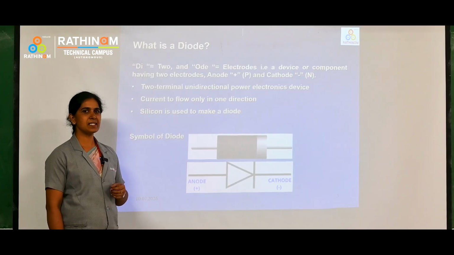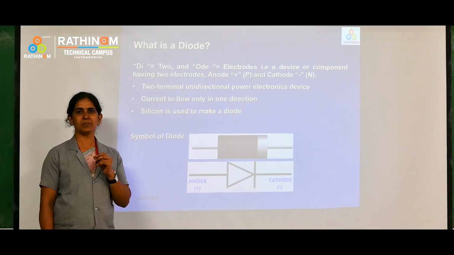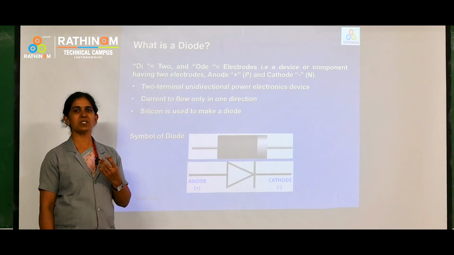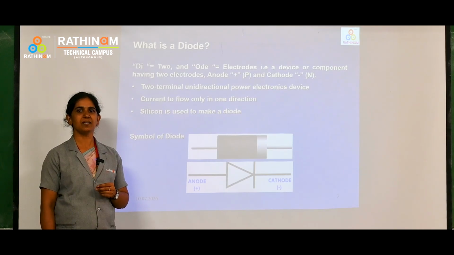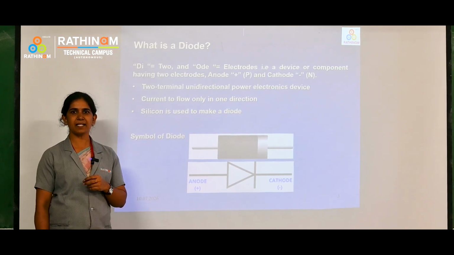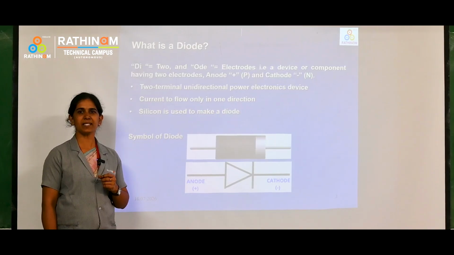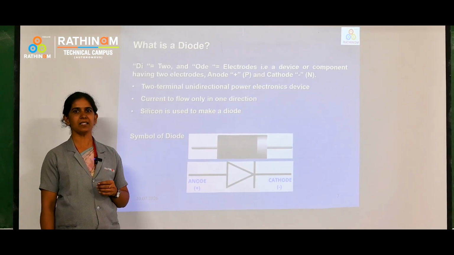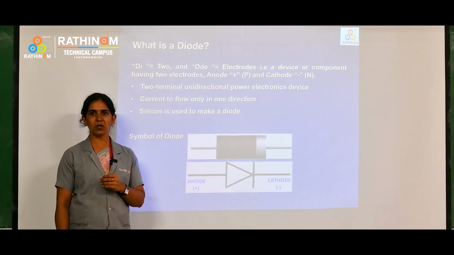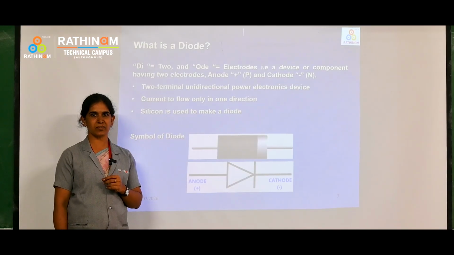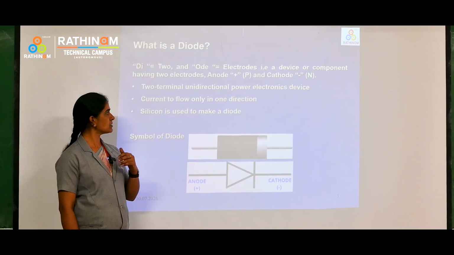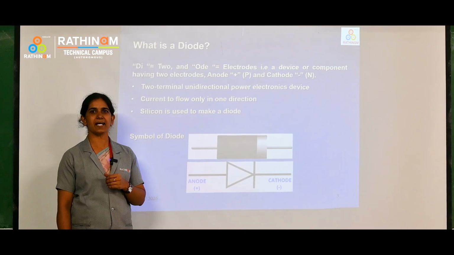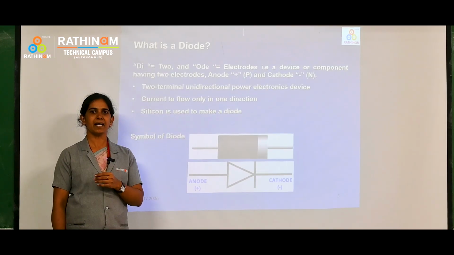So what is a semiconductor? Why are semiconductor materials most widely used to make a diode? Why not conductors and insulators? Usually a conductor has a high conductivity and an insulator has very low conductivity, that is zero conductivity. But the conductivity of a semiconductor lies between the conductor and insulator.